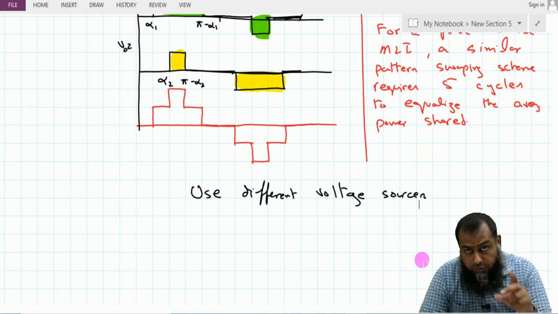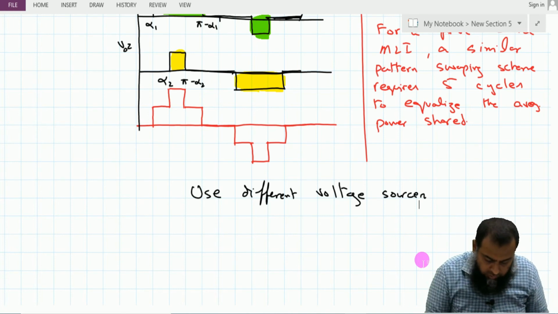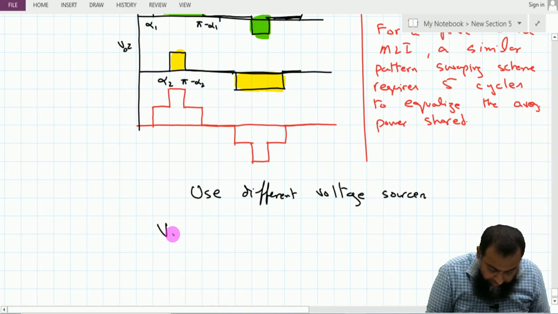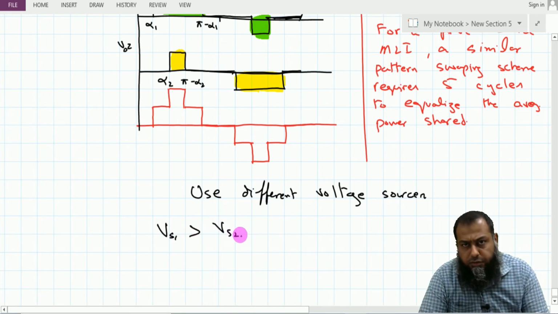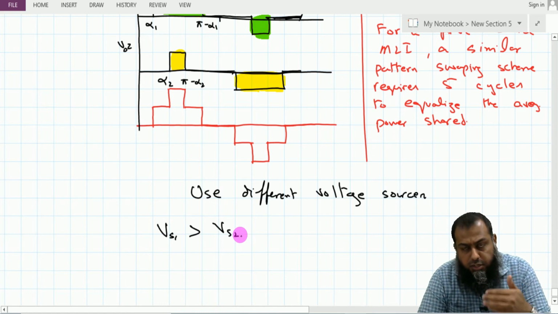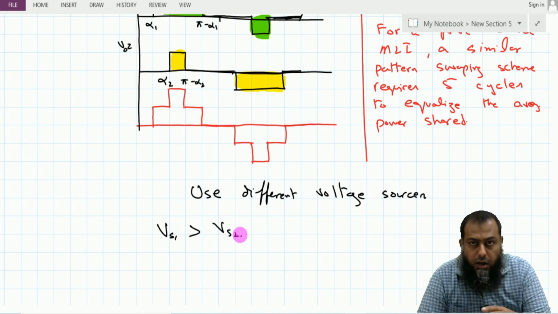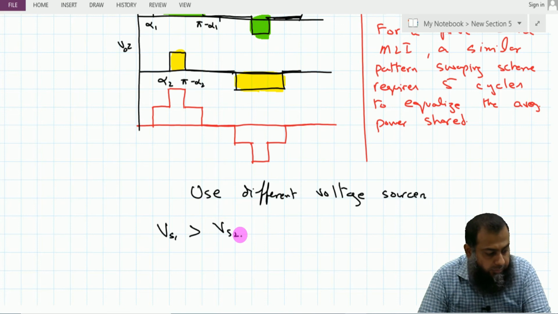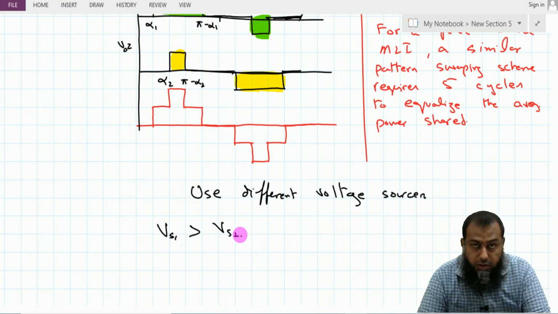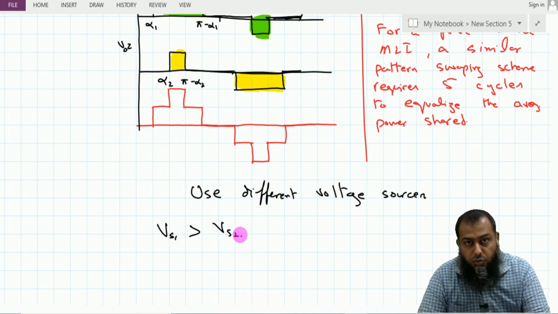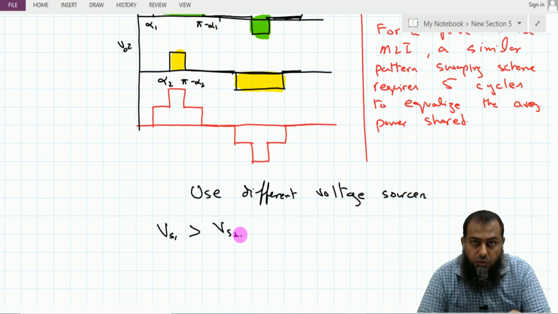If Vs1 has a voltage greater than Vs2, we still have an output voltage which is the sum of the outputs of inverter number 1 and inverter number 2, but the increments will not be uniform. Also the Fourier series shall have a different spectrum. So these are two methods through which we can equalize the power sharing among the inverter sources.